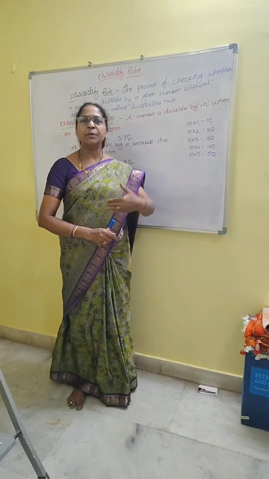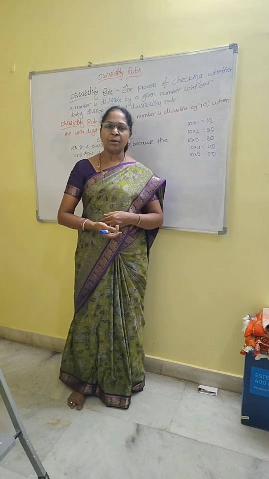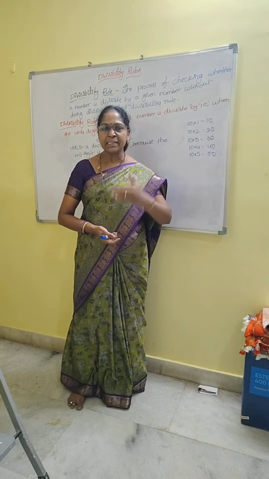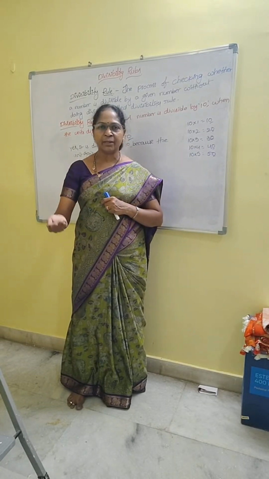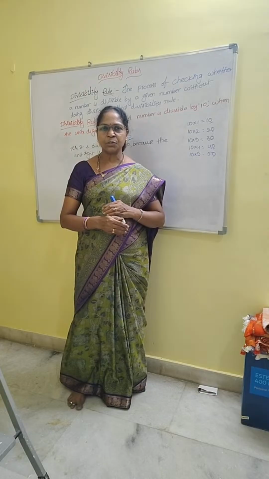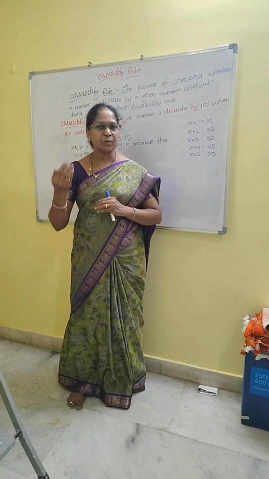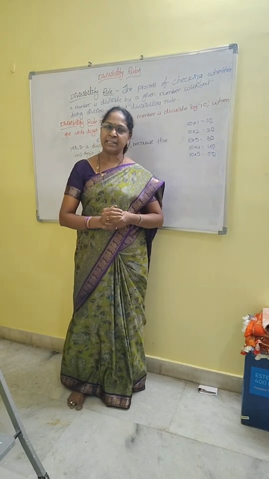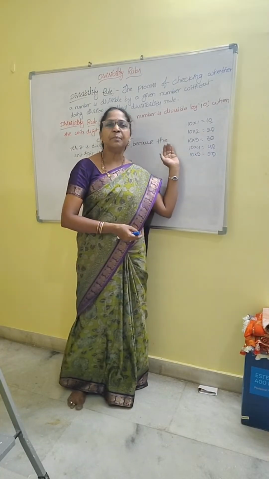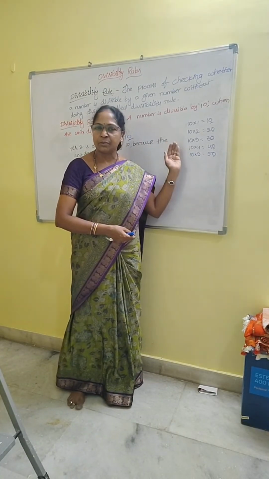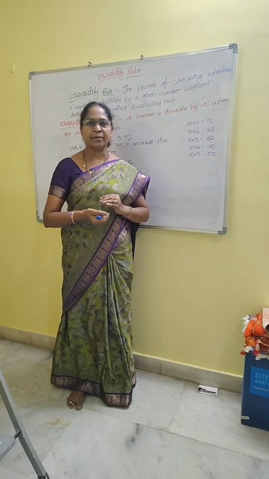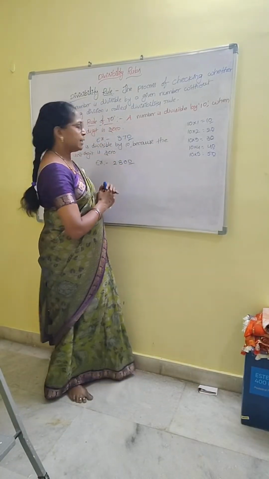Using these divisibility rules, you can find out whether the given number is divisible by the other given number or not, without doing actual division. So you should be perfect in these divisibility rules, then you can solve many problems.